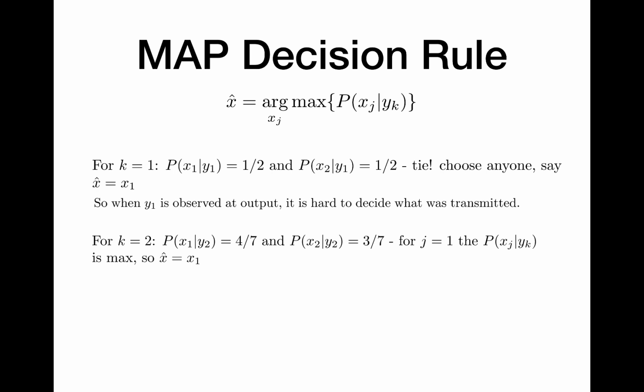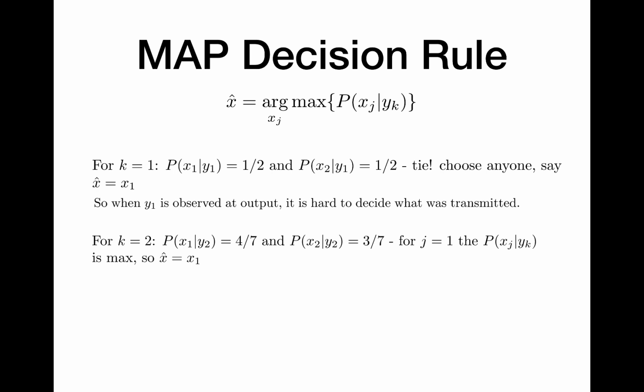You can see easily that 4 by 7 is greater than 3 by 7. So the probability of x1 given y2 is the maximum among the two probabilities. Therefore the value of x that maximizes these two probabilities is x1.